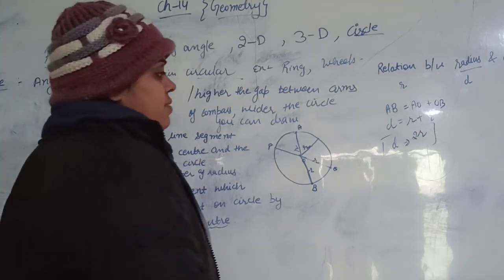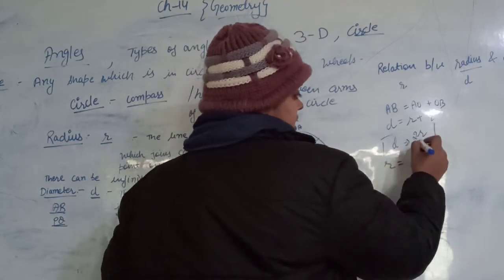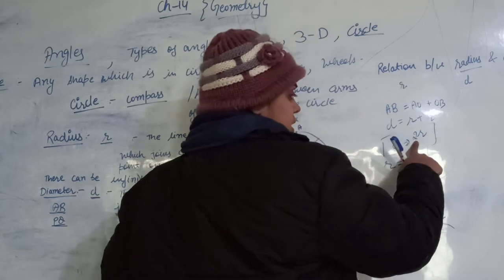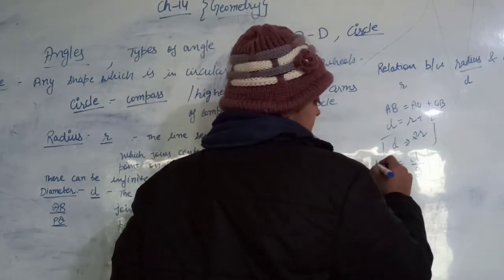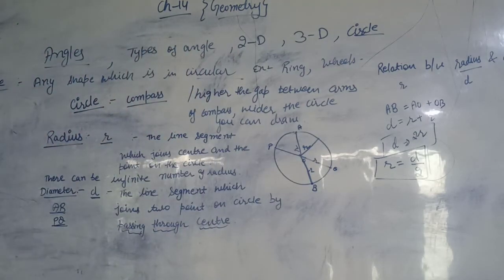Now if you have to find the radius and diameter is given, take down this 2. It was in multiplication, it will come here in division, and radius equals half of diameter. If anyone asks you the relation between radius and diameter, you can say that diameter is twice of radius, or you can say the radius is half of diameter. Both are correct. Clear?